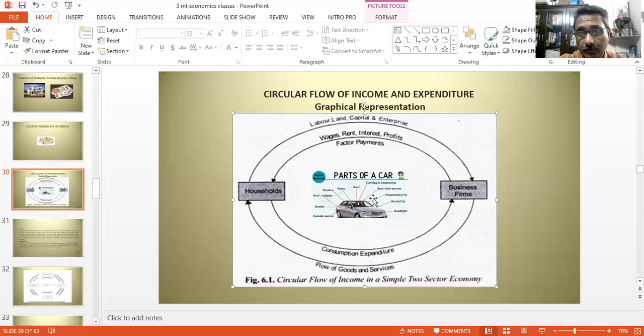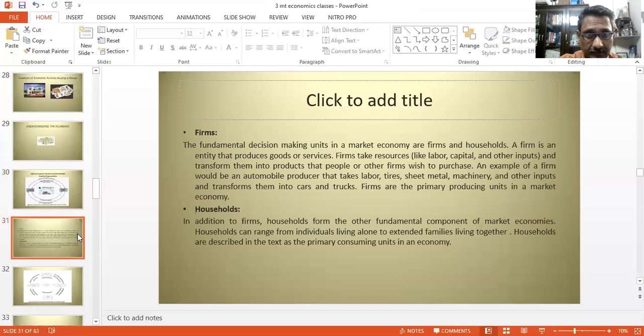To complete the discussion, we see here that firms are the fundamental decision making units in the market economy. The fundamental decision making units are firms and households. A firm is an entity that produces goods or services.